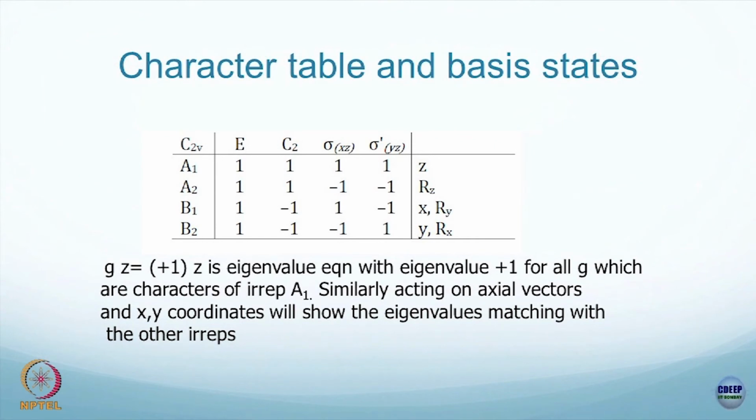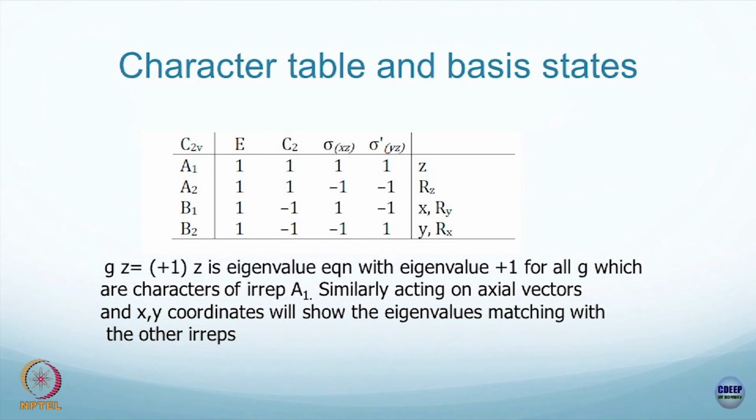Then you also have something called the quadrupole moment tensor, right. These are objects which are observables in nature. Whenever I look at observables, suppose I look at only the z component of the electric dipole moment, which is the right irrep for that operator?